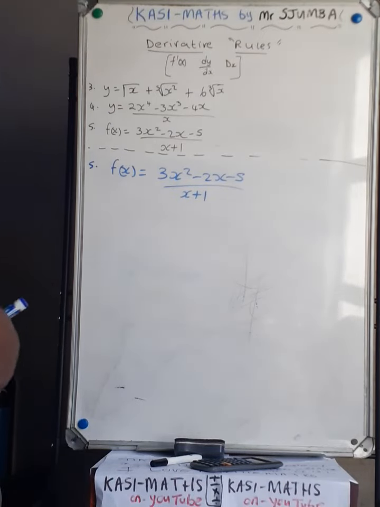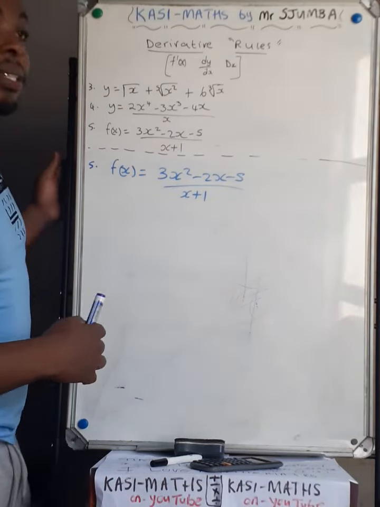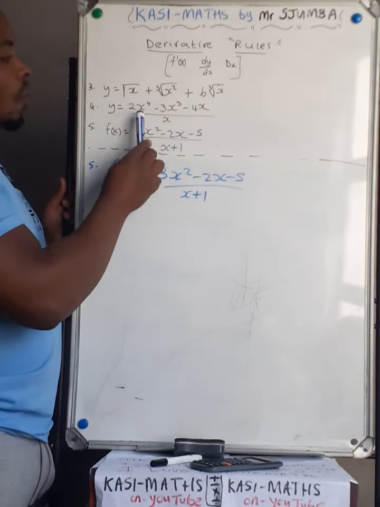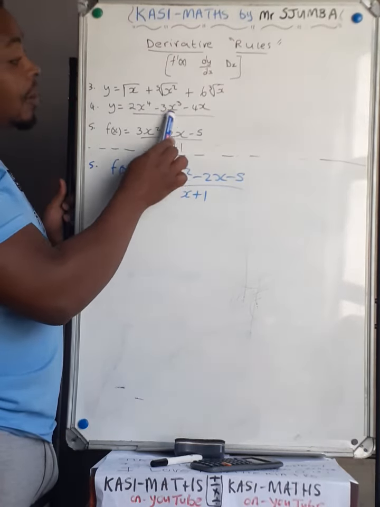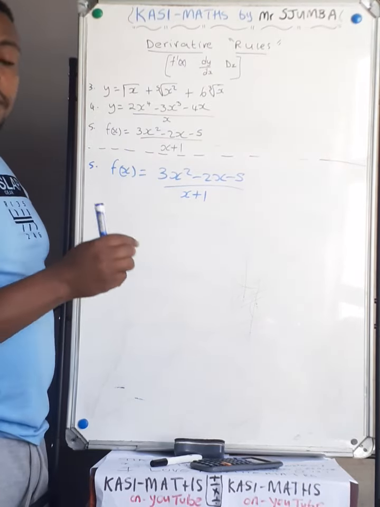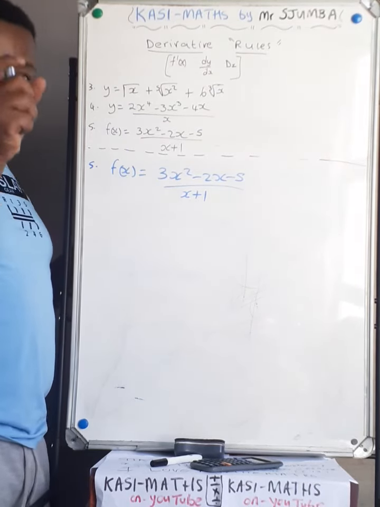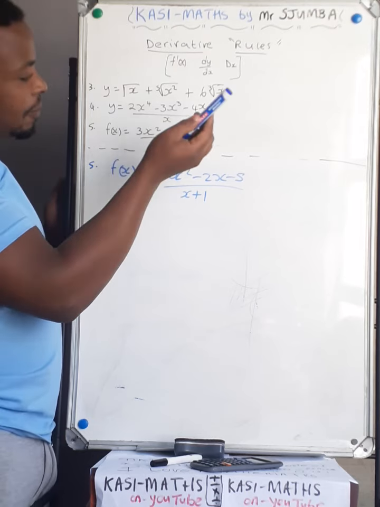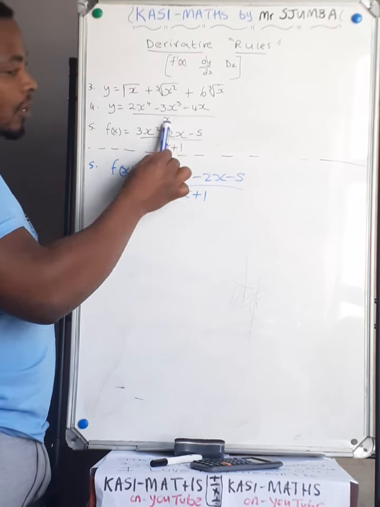In this last example, let's start from what we did before. The denominator was a single term. So if the denominator is a single term, you should separate all the terms: this divided by that, minus that divided by that, and that divided by that.